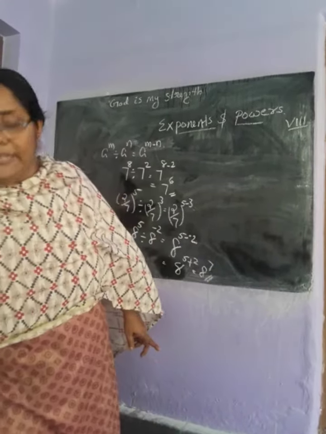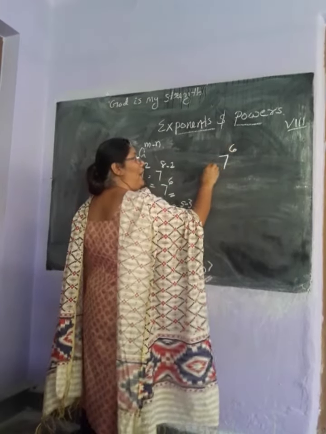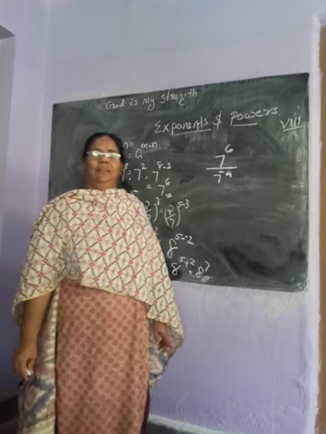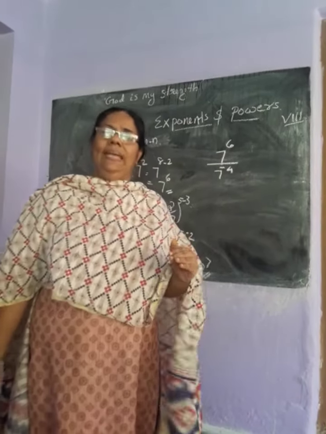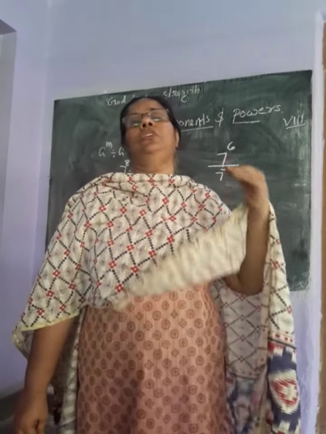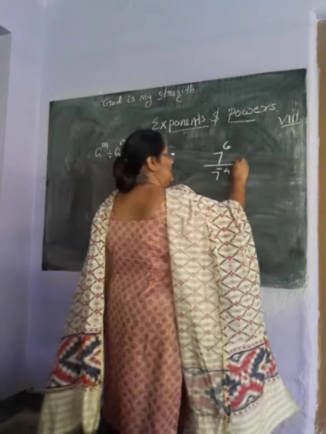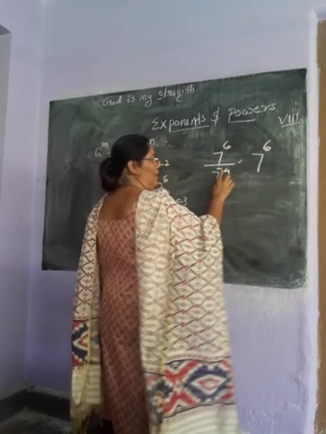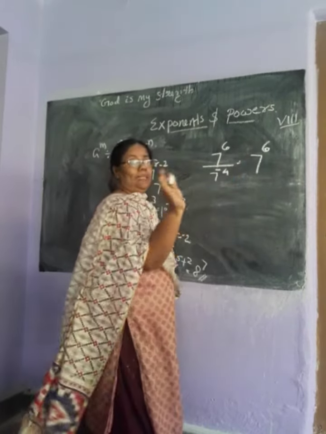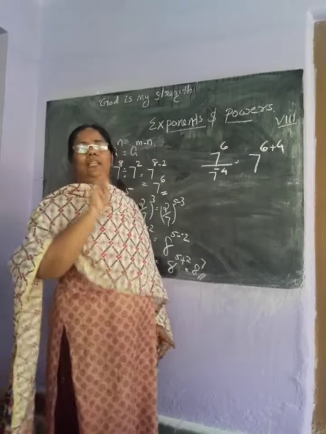I will give one more example. 7 raised to 6 by 7 raised to minus 4. Look here. When you move a negative exponent from the denominator to the numerator, change the sign. Actually this is 7 raised to 6. When you move this minus 4 to the numerator, it changes to plus 4.